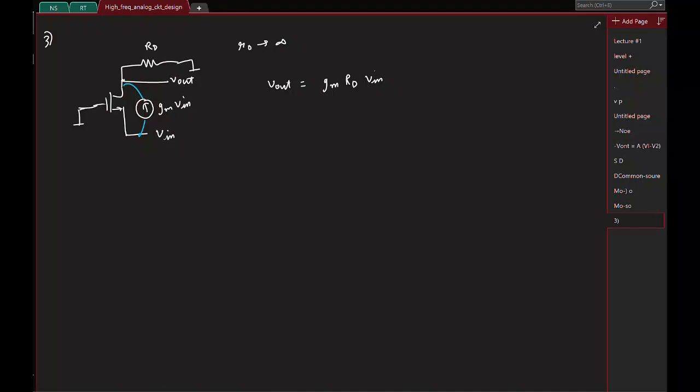Now the more common use of this circuit is to use it like this, where instead of applying a voltage at the source, you have a current as the input. Okay, it's a small signal current. And here you see what is the small signal current at the drain terminal. So what can you say about the small signal current I out in terms of the input small signal current I in?